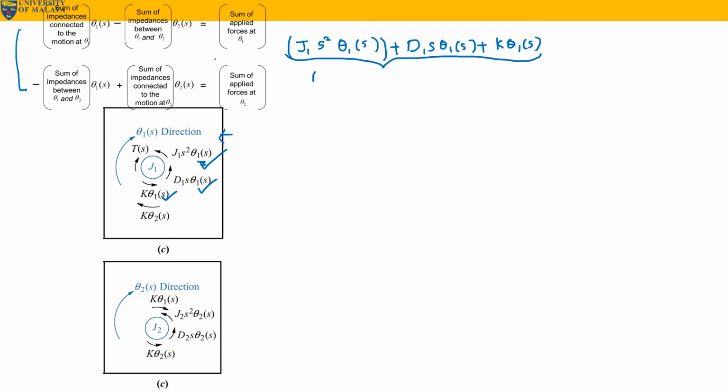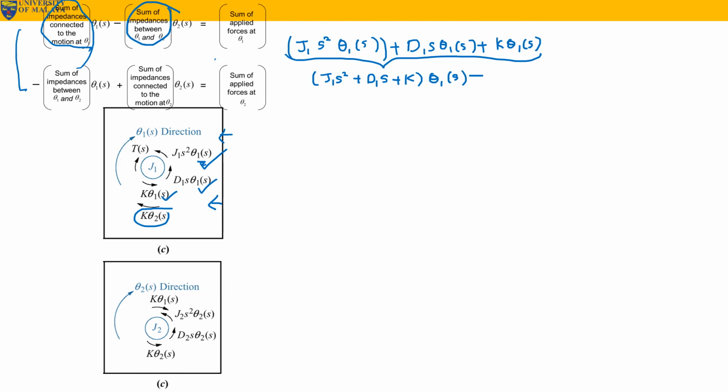So this is actually J1 S squared plus D1 S plus K, and the whole thing is multiplied with theta 1 of S. Okay, so that is the first thing over here. Next, we have to minus the sum of the impedances between theta 1 and theta 2. So look at the first figure here. We only have this term contributing to the equation from theta 2.